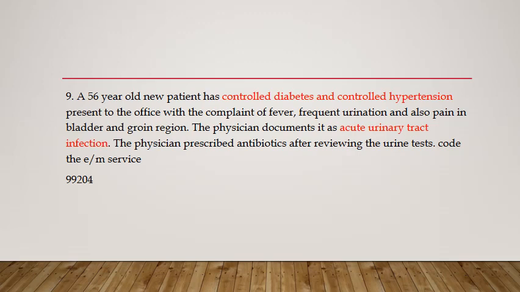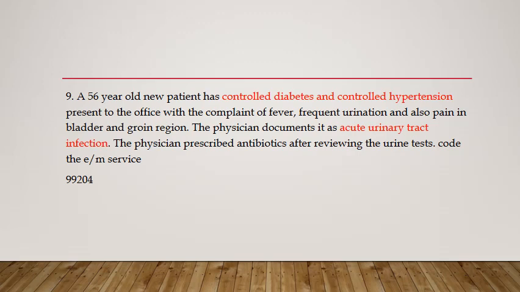Then many minor problems are mentioned: fever, frequent urination, pain in the bladder and groin region. What is the conclusion of these minor problems? The conclusion is acute urinary tract infection, which is one acute uncomplicated illness or injury.